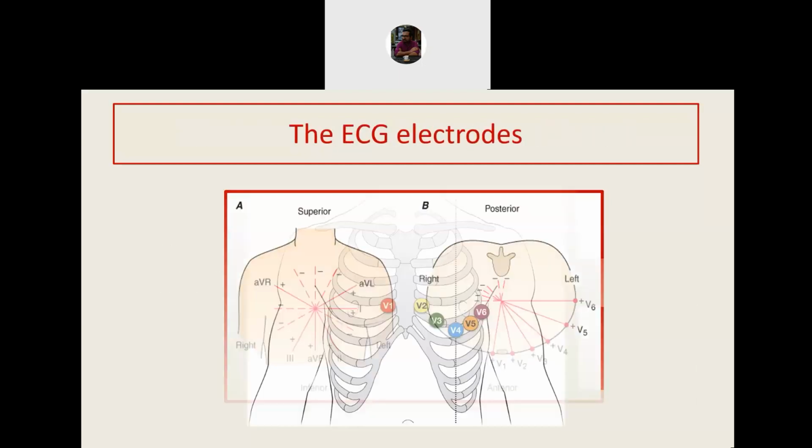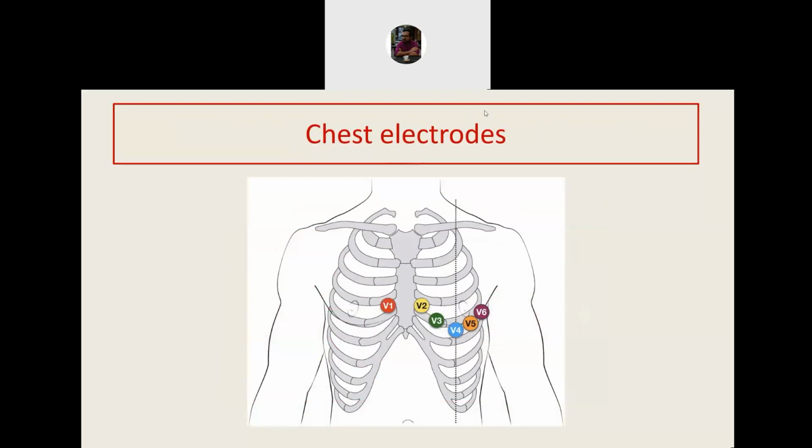So if you name the different leads that are measured or seen in the standard ECG, there are three standard bipolar limb leads, and these are named as lead 1, lead 2, lead 3.